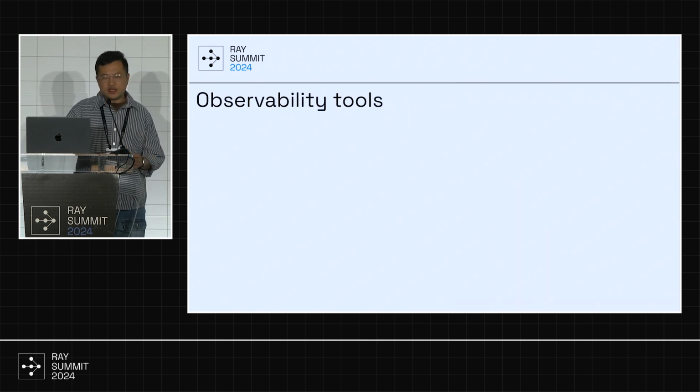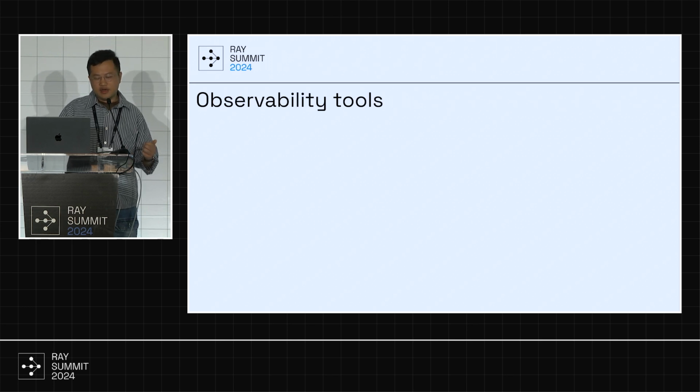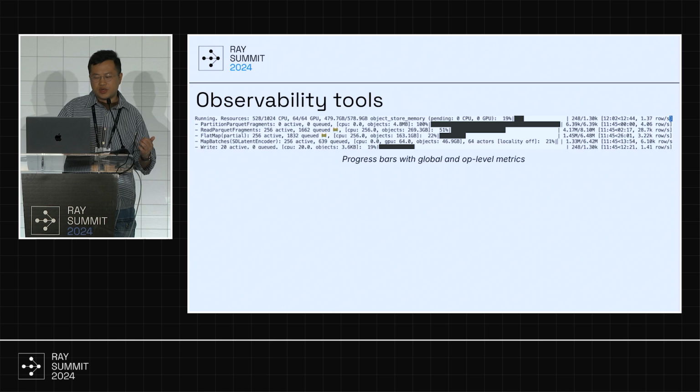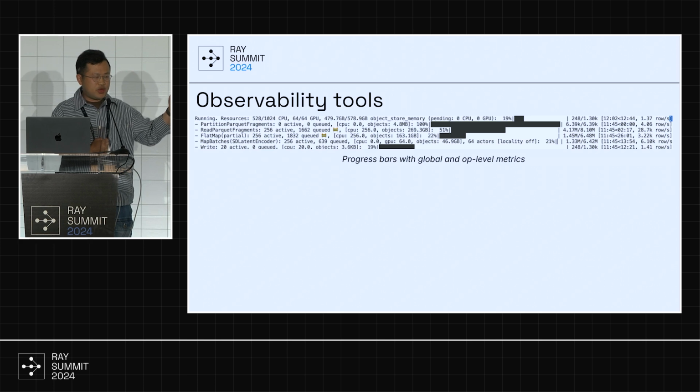So when running the job on Anyscale, Anyscale and Ray Data also provide some observability tools to help you better understand what's going on under the hood about the job. So the most commonly used one is this progress bar. So basically, it shows you some real-time key metrics about the job, as well as for each operator.